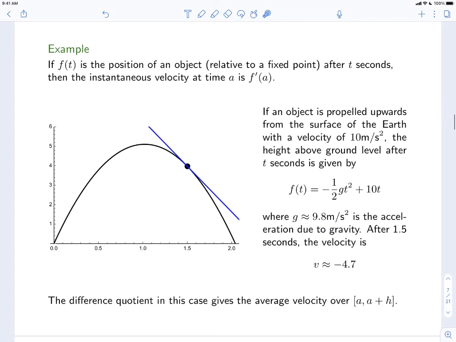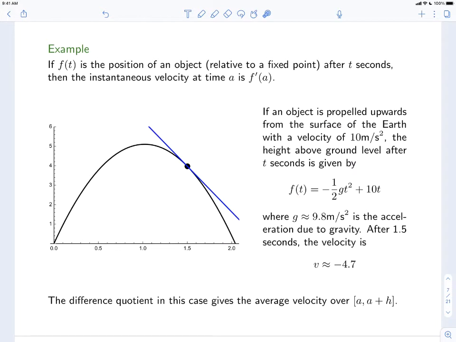If f at t is the position of an object relative to a fixed point after t seconds or t units of time, then the instantaneous velocity at time a is f prime of a. If an object is propelled upwards from the surface of the Earth with a velocity of 10 meters per second squared, the height above ground level after t seconds is given by this formula.